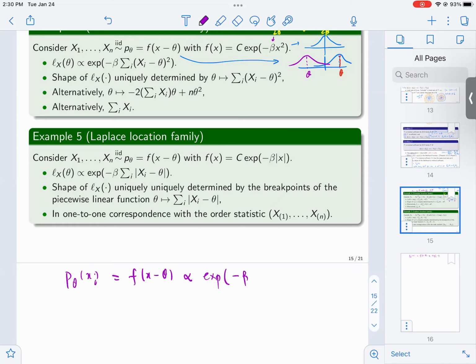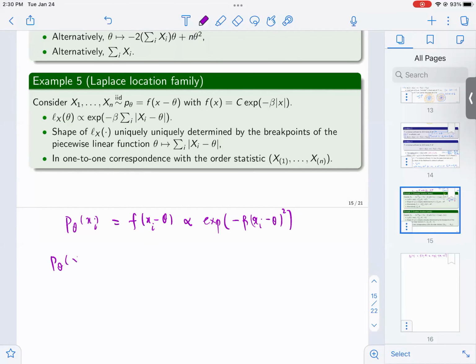I'm going to do xi here because that's one of them. Xi minus theta squared, right? And then p theta of x, the vector, is usually the product i from 1 to n of p theta of xi, and it's going to be proportional to e to the negative beta times the summation i from 1 to n of xi minus theta squared.